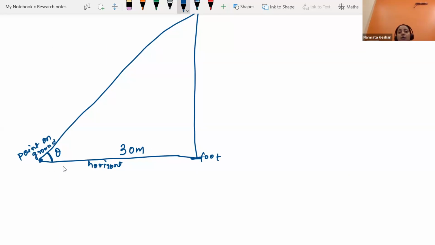Let's read again from the very beginning. Let's see whether we are able to connect the concept or not. Now the figure and the sentence both are in the same direction, yes or no?